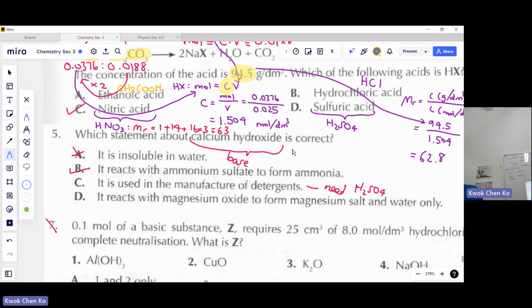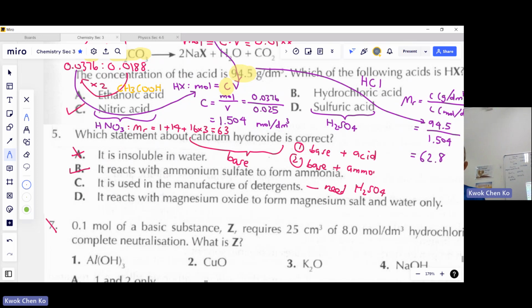You have to know that. And remember, there are 2 reactions for a base. One is base plus acid. And the second one is base plus ammonium compound, which is what is happening here.